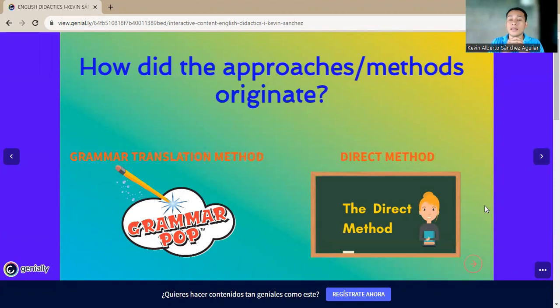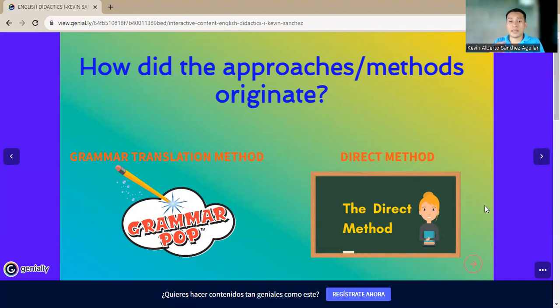In this method, students were not encouraged to develop their speaking abilities. Students were doing reading activities and writing activities, but the method was not focused on developing speaking abilities.